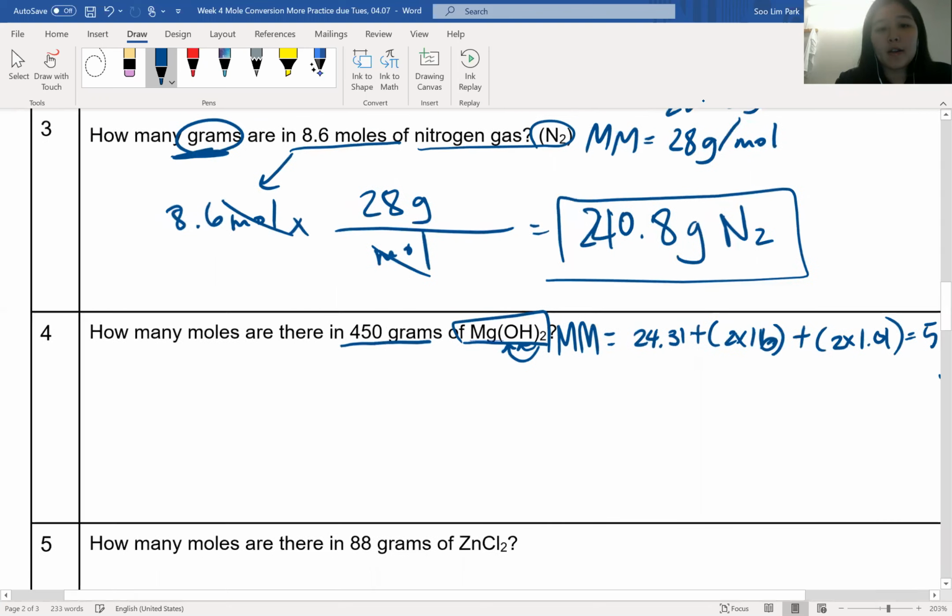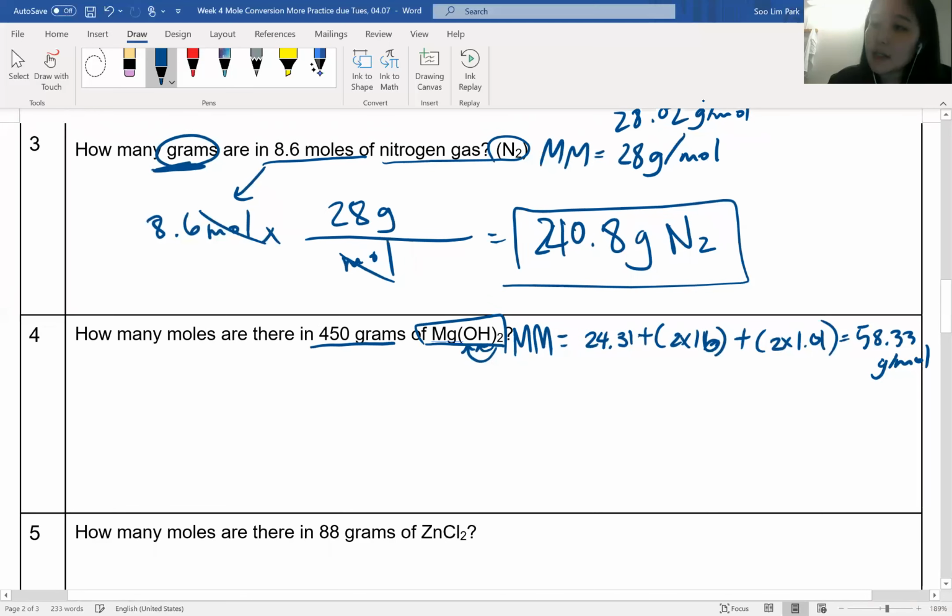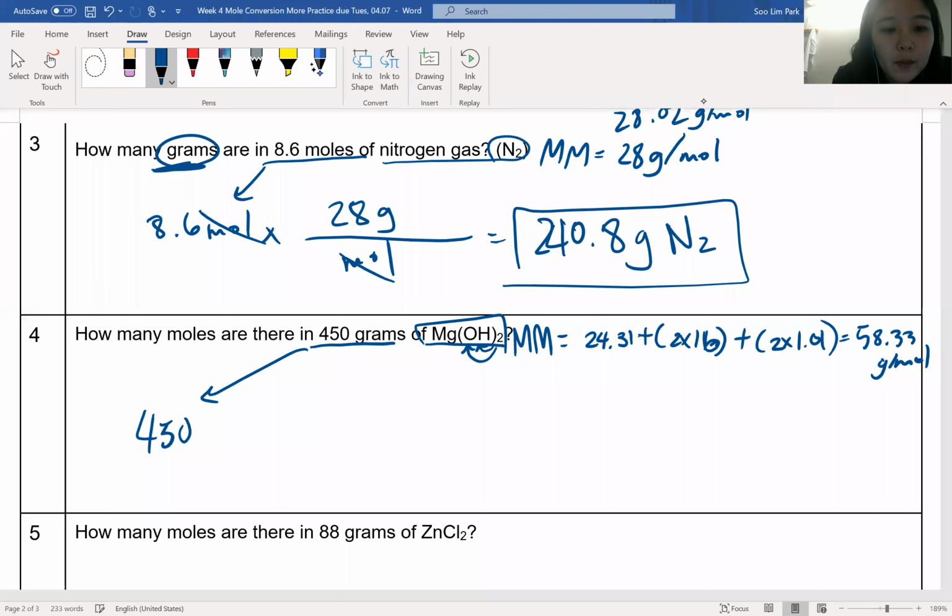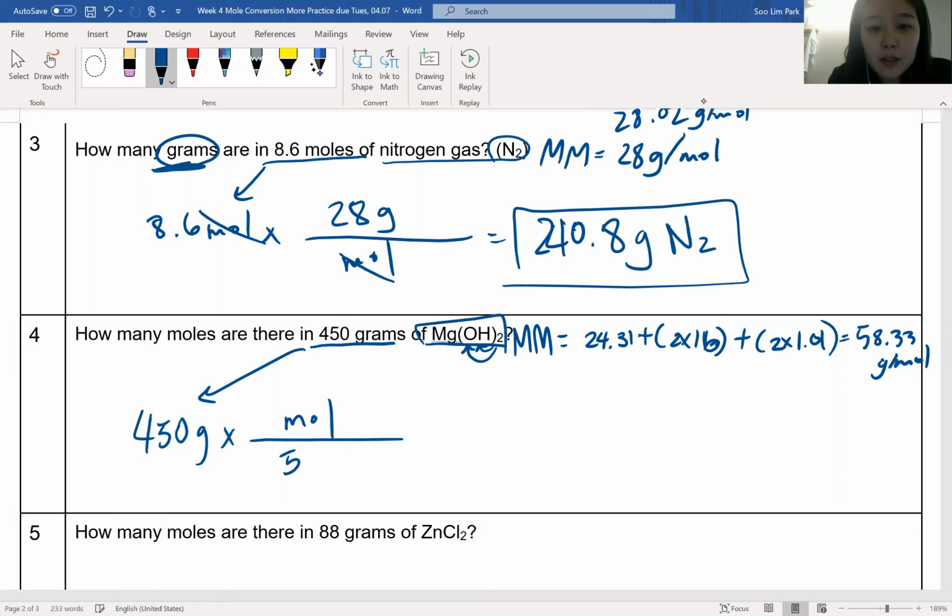All right, we have the molar mass, so we're going to set this equation up. We're going to start with our given value, which is 450 grams. We are given mass and we want to solve for moles, so this is a division problem. I'm going to put the molar mass on the bottom and mole on top so that the grams cancel out.